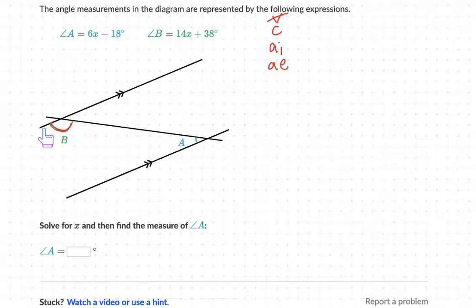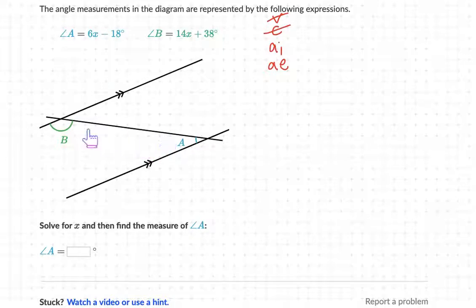This one is underneath the parallel line. This one is above the parallel line. So they're not corresponding. In order for them to be corresponding, it would have to be like one's here and one's here, or one's here and one's here. Same side, same location. So we don't have that.